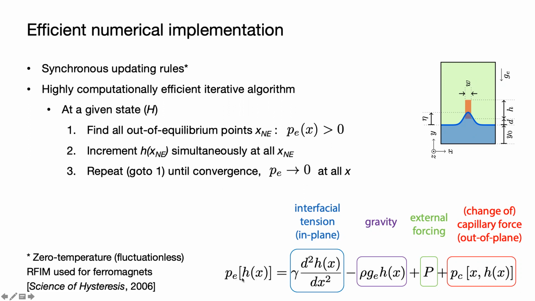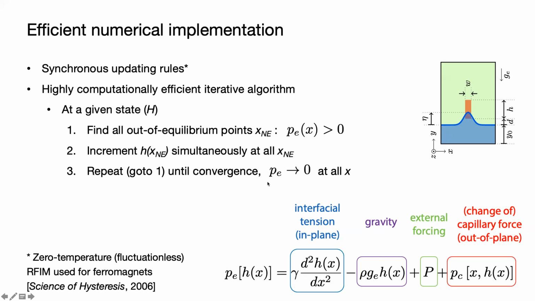All the x's where we find that PE is greater than zero, we increment them and then return, find if they are in equilibrium, and we repeat this cycle until all the points approach zero. And the same, but for less than zero, for drainage.